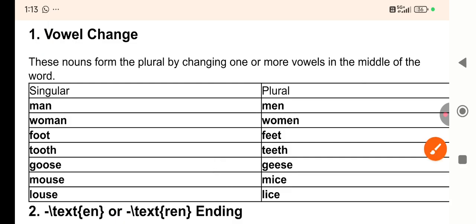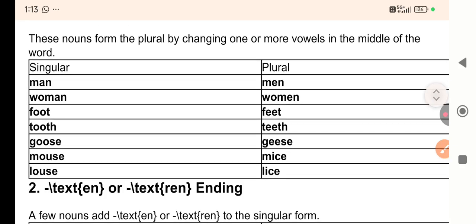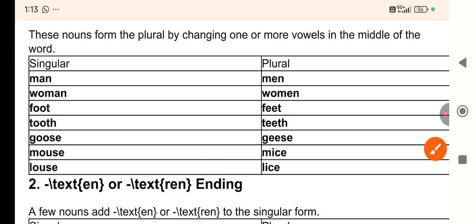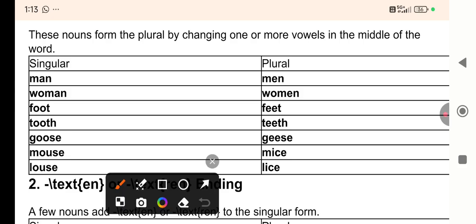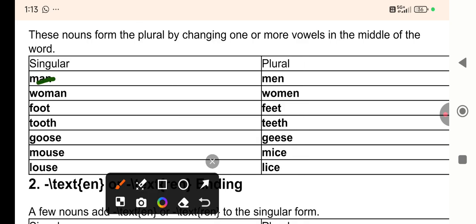So some of the nouns change their vowel in the plural, not s but a vowel. These nouns form the plural by changing one or more vowels, right? How? Like man and men. The sound is almost the same, no big change in sound.